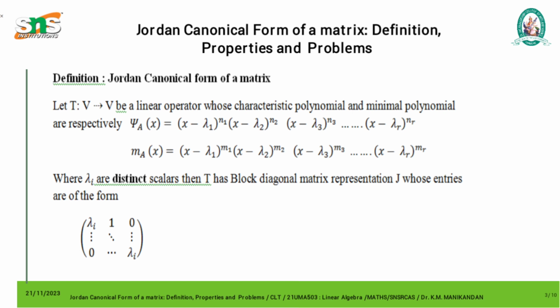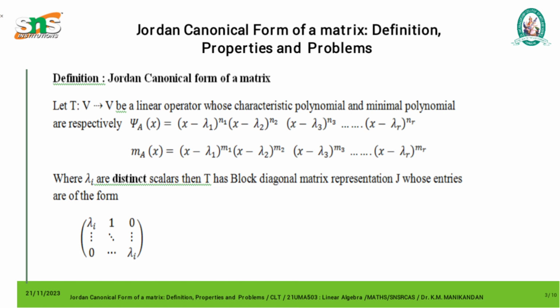See here, in the m A of x, the eigenvalue is lambda 1 and whose power is m1. So this shows that there is one Jordan block of order m1 with respect to the eigenvalue lambda 1.